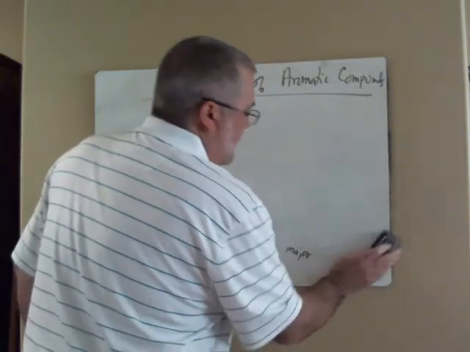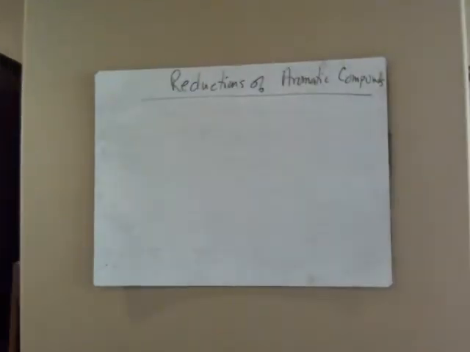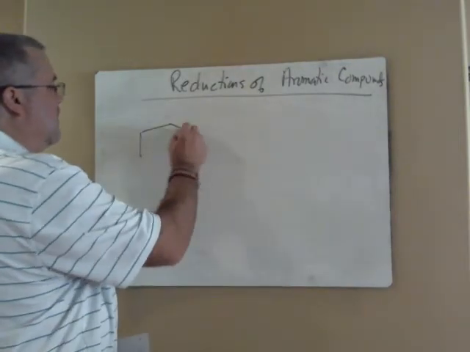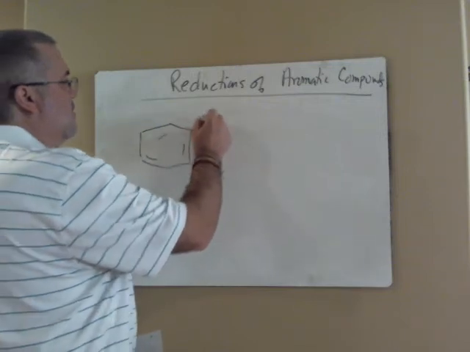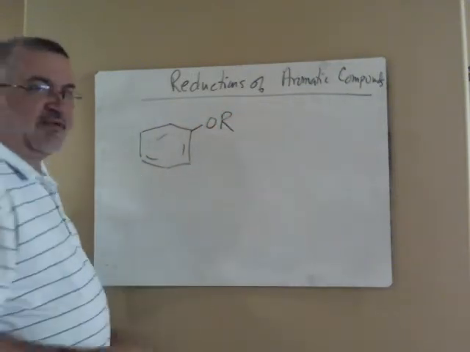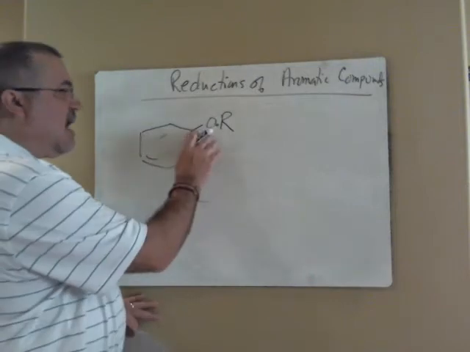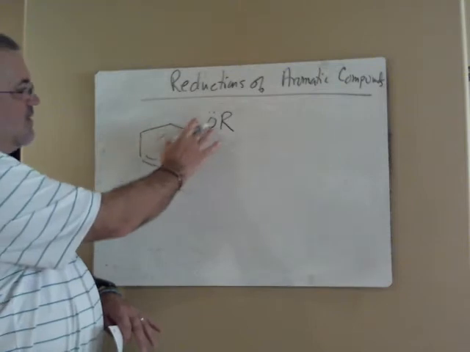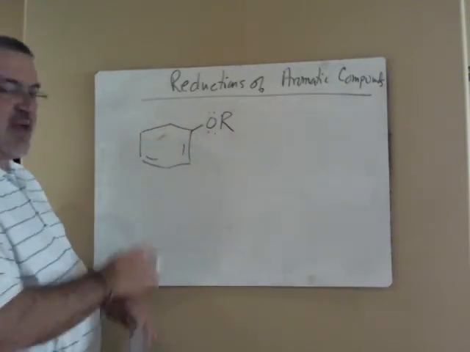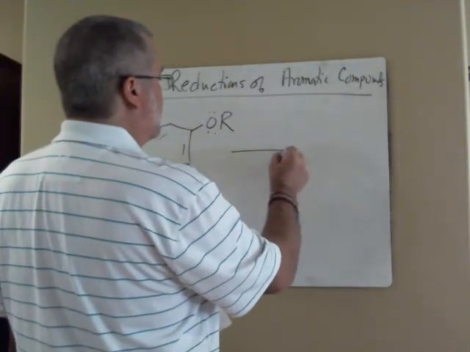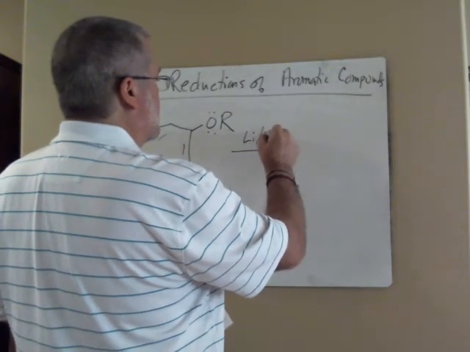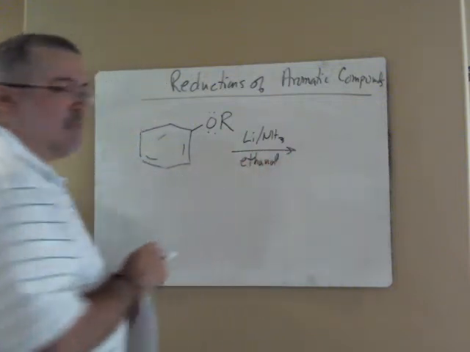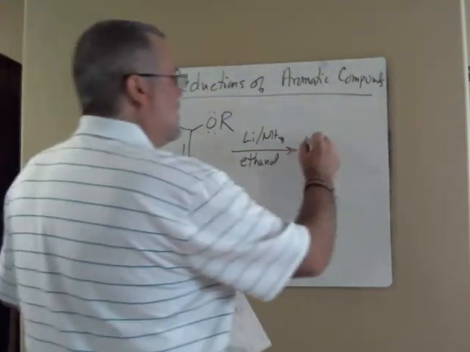All right. Now there is one little freakish regiochemical thing with Birch reductions, and it's a very specific case. That is when you have OR groups attached. So you have an oxygen as the atom that's attached to the aromatic ring. When you do a Birch reduction of this, okay, you're only going to get one product.